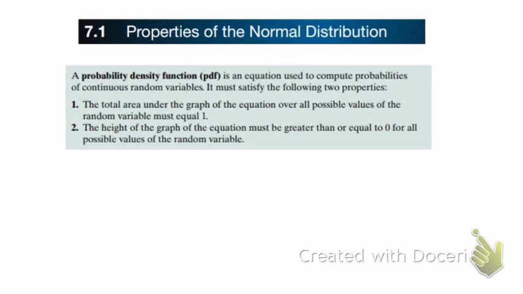And it also says, when you look at the graph, all of it's either touching or above the x-axis. There's no negative dips into it. Okay, and the random variables talk about whatever we're measuring.